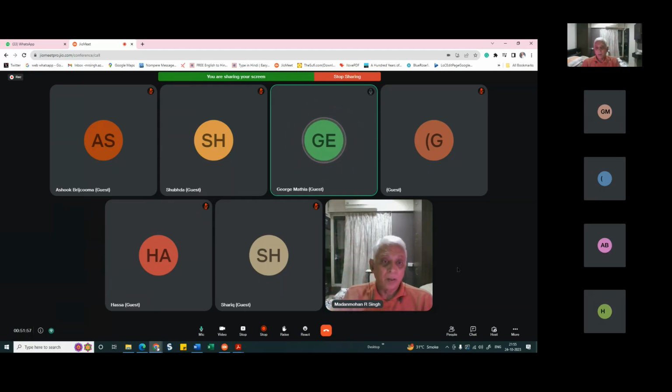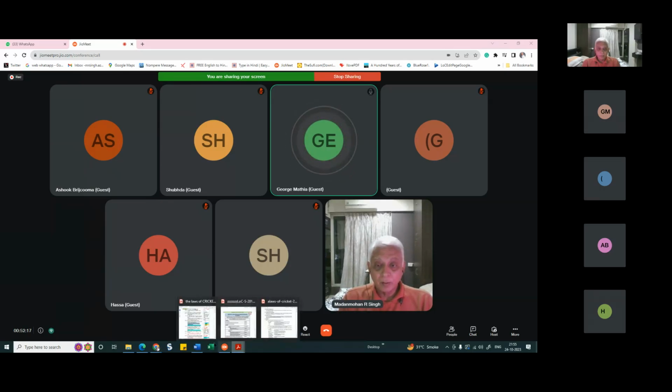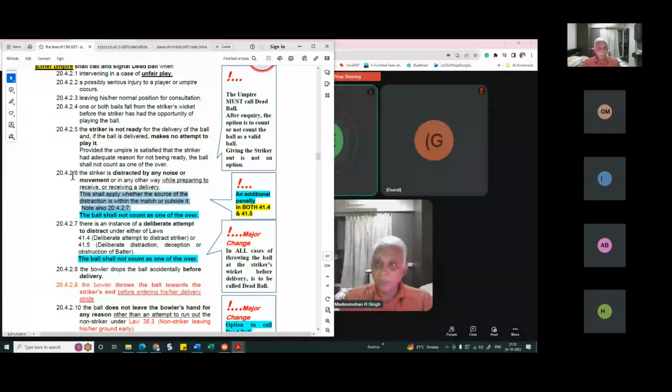He may have instinctively gone and played it. Or there is a loud bang in the stands, and I called dead ball, and instinctively the ball came to him, he went for it and played it. The law doesn't say that he should not have attempted to play. That is the difference between points 4, 5 and 6 here.